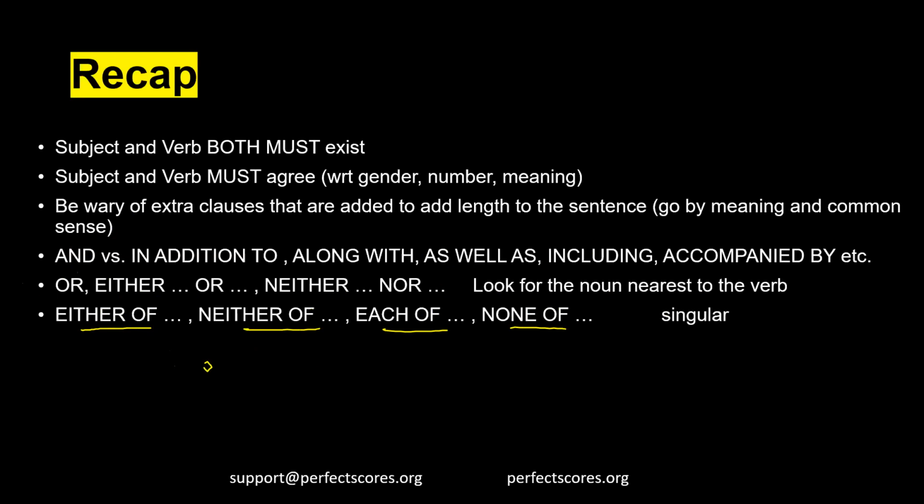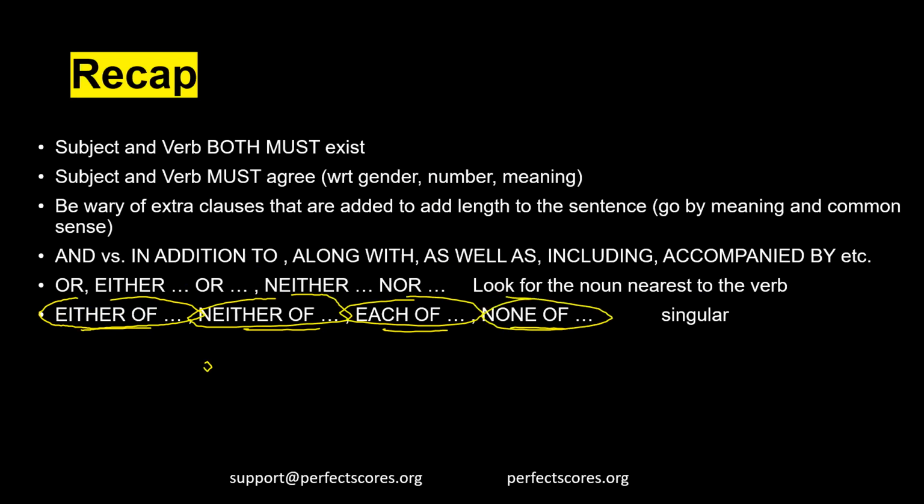But what if I say either of the students is coming to the class, or each of the students is coming, none of the students is coming, neither of the students is coming. So it does not matter whether I'm using extra words after or before, but if I'm using these groups, they automatically mean singular.